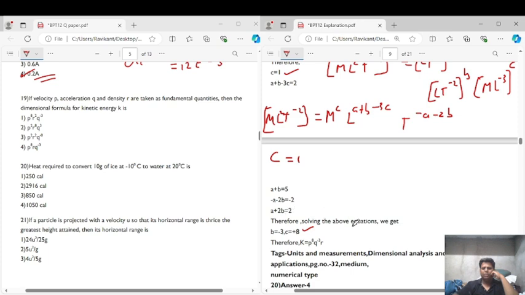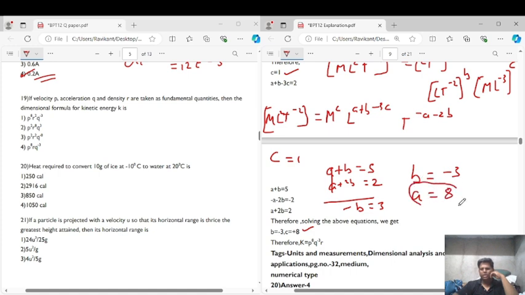Solving the above equations, a plus b is equal to 5 and a plus 2b is equal to 2. Subtracting, we get b is equal to minus 3. Putting b is equal to minus 3, we get a is equal to 8. So a is equal to 8, b is equal to minus 3, and c is equal to 1.